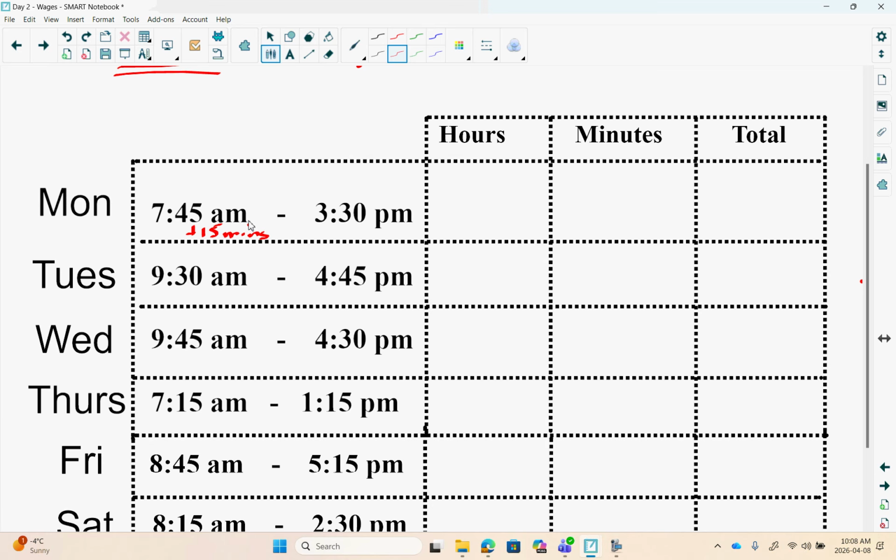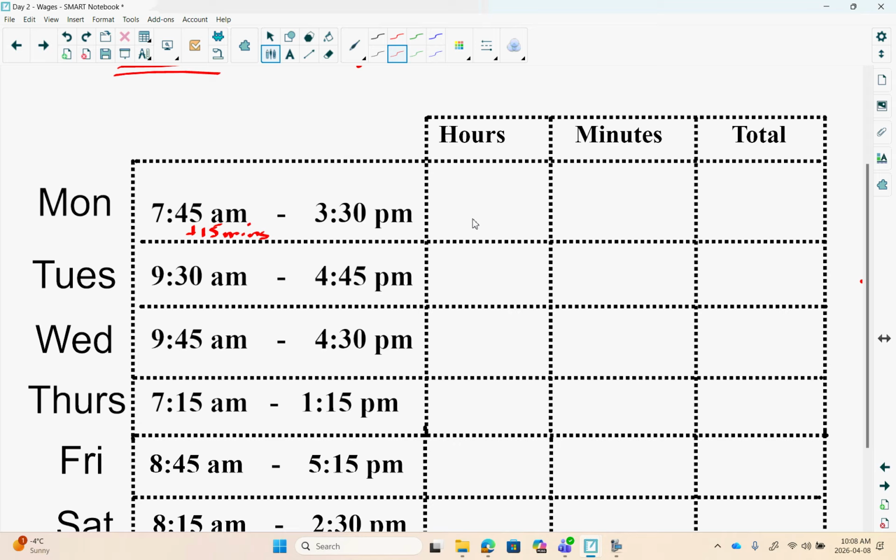So what's the first full hour if I do that? 7:45, if I add 15 minutes, that'll bring me to what? 8 a.m. 8 to 12 would be 4 hours. 12 to 3 would be 3 hours.